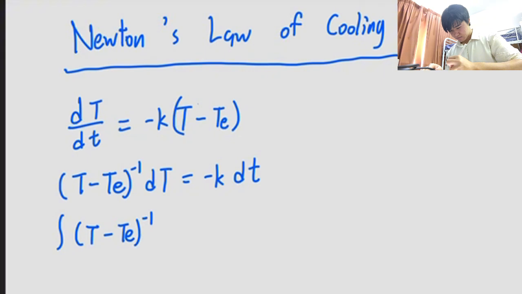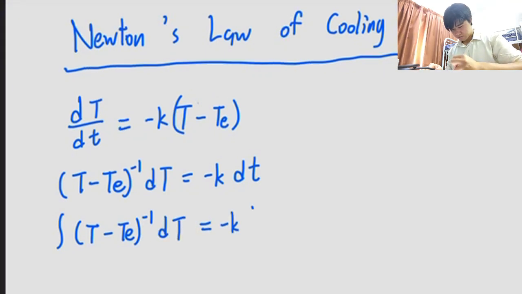After that, we move the dt to the right and the T minus TE to the left. Then we integrate the left side and the right side.